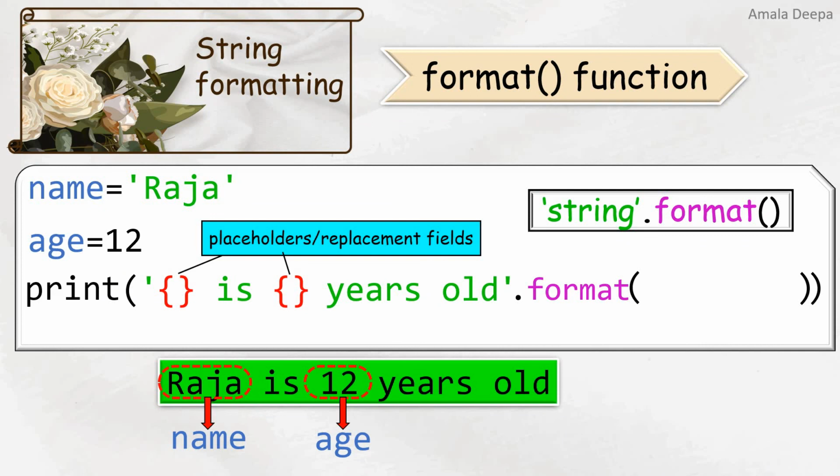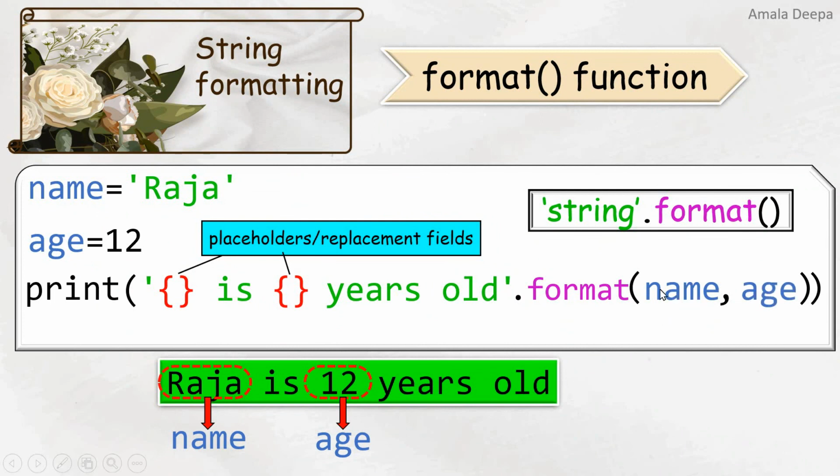So since there are two placeholders in the string, I have to give two parameters in the format function. So here within the parenthesis of the format function, I place a comma, and for the first parameter I give the variable name, and as a second parameter I give age.